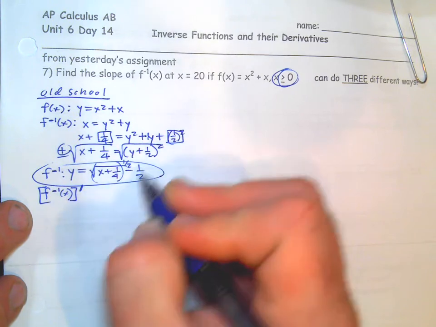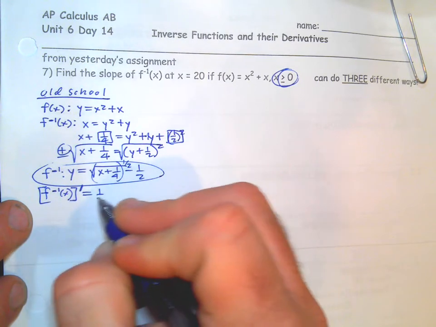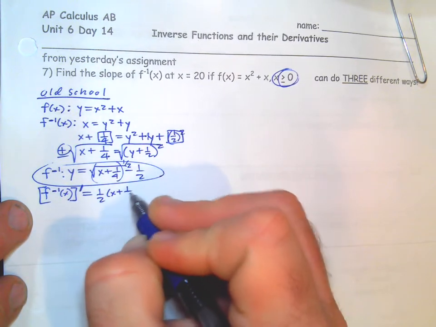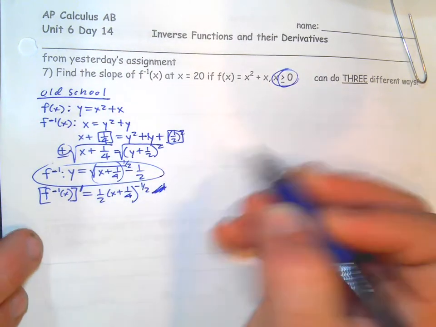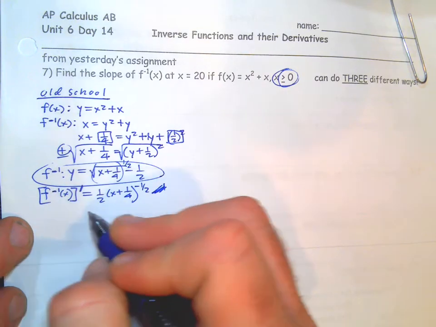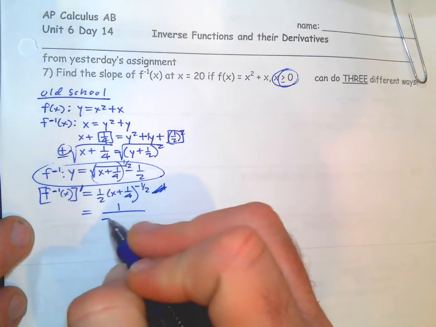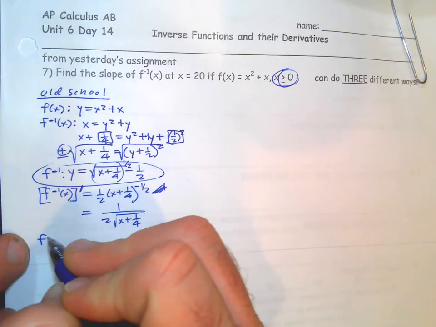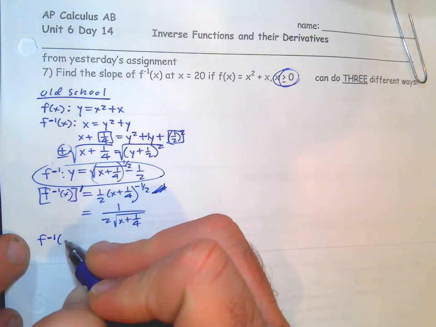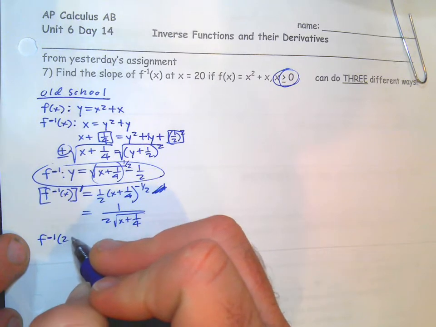So you're going to want that to be seen as a 1/2 power, so 1/2, x plus 1/4, to the negative 1/2, minus 1. That derivative goes away. We could clean it up: 1/2, square root of x plus 1/4. And then you're going to plug in the value where you want the derivative. You wanted it at x equals 20.